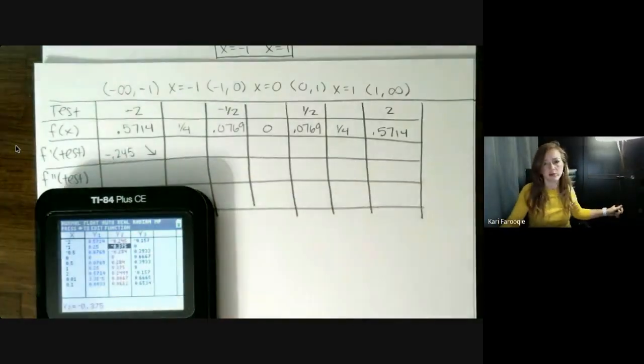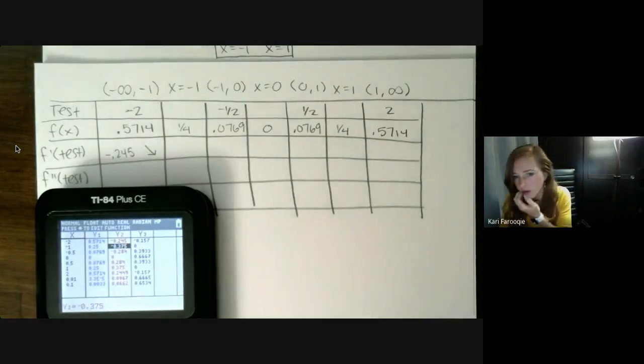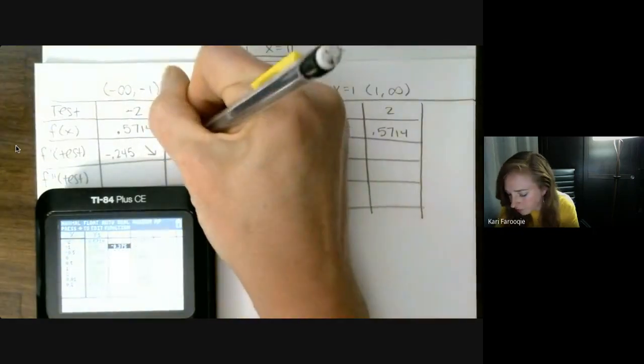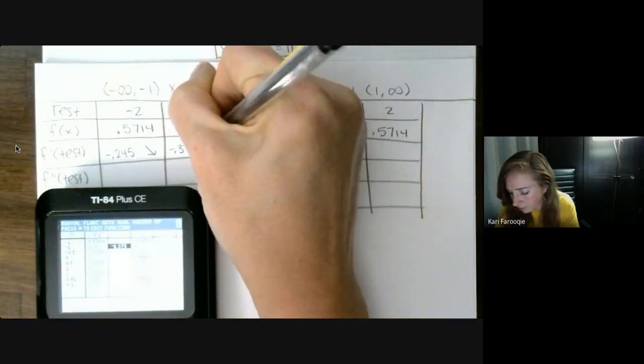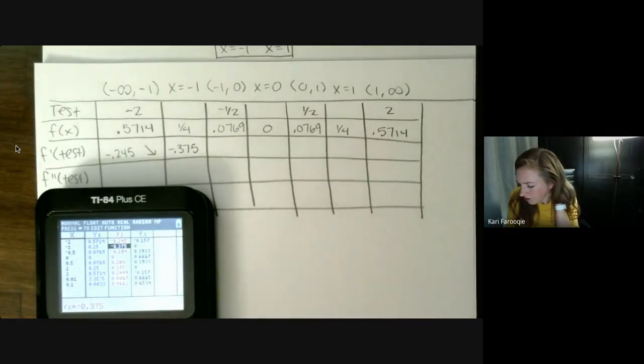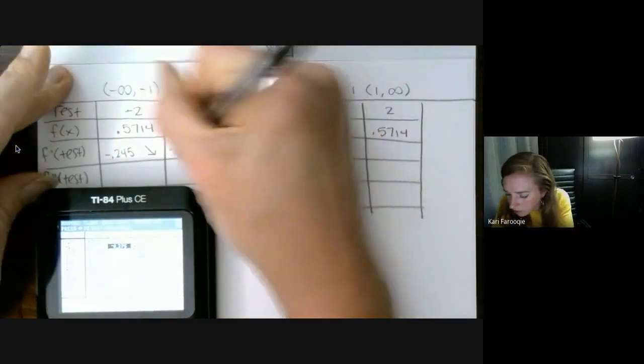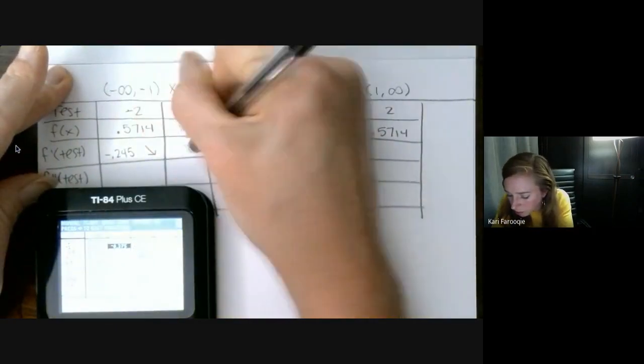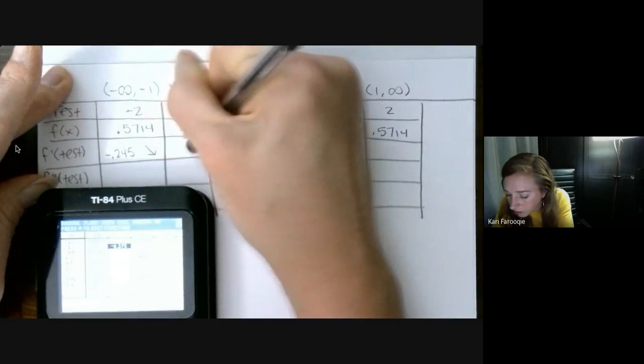This is terrible. There we go. -0.375. Oh, yes. Okay. That's fine. Honestly, though, do we really need f prime? No, we don't need those. You can list them if you want, but you're not going to be plotting these points, so it's not really going to matter to you.